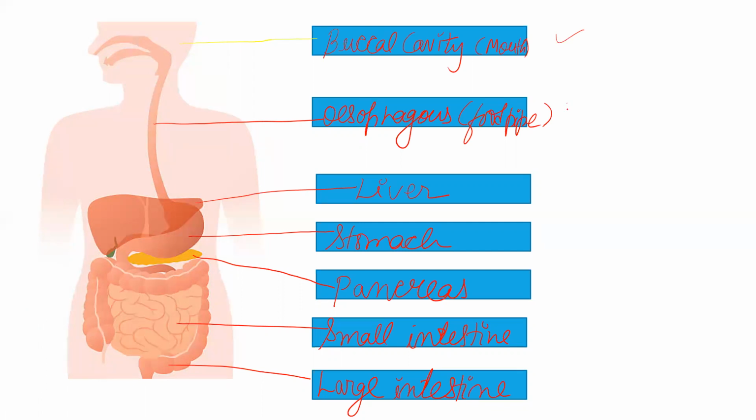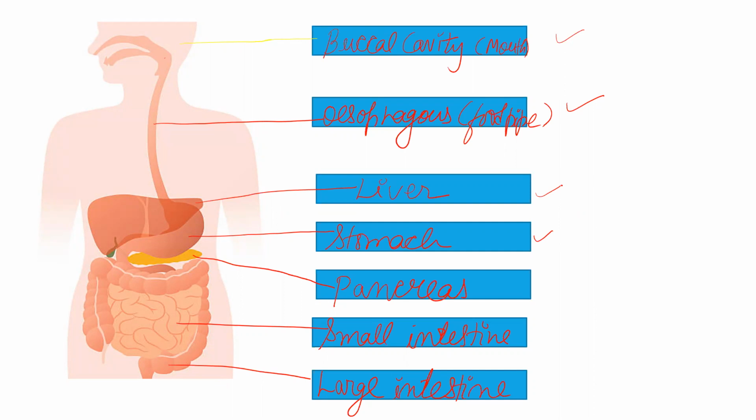Oesophagus, this is the only part where no digestion takes place. Only the food moves from the mouth to the stomach. Then stomach, it is J-shaped structure which contains HCl, mucus, and of course the gastric juices which help in breaking down of the food. Then we are having liver.